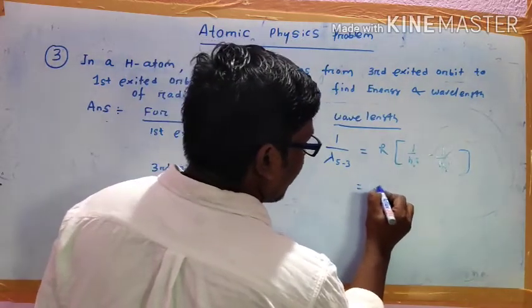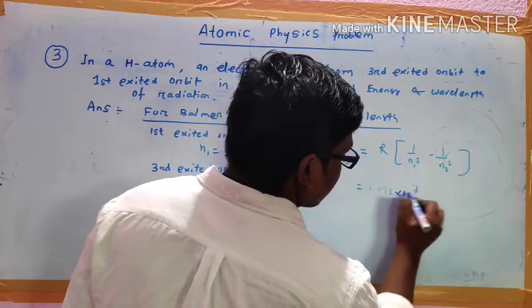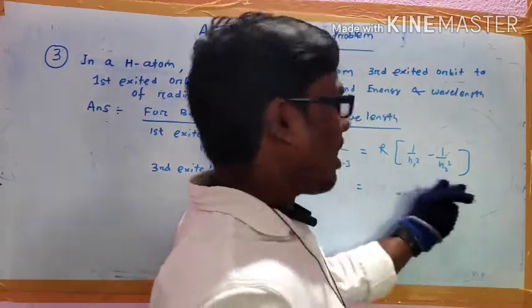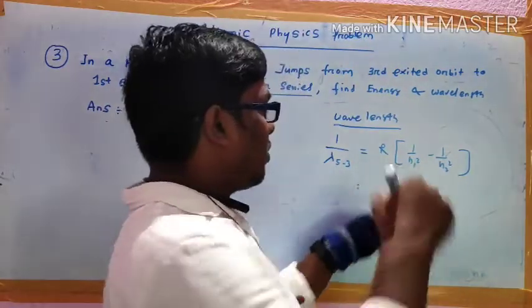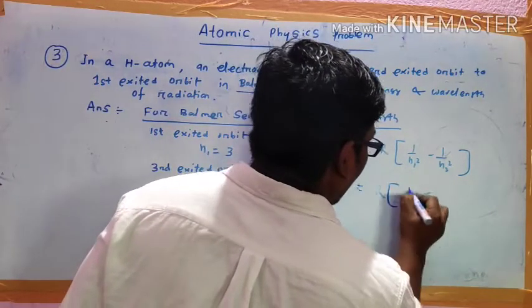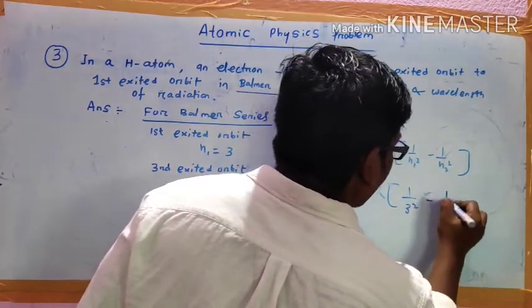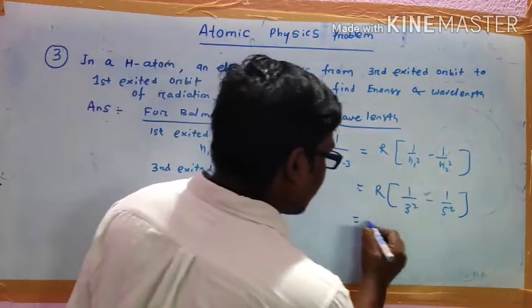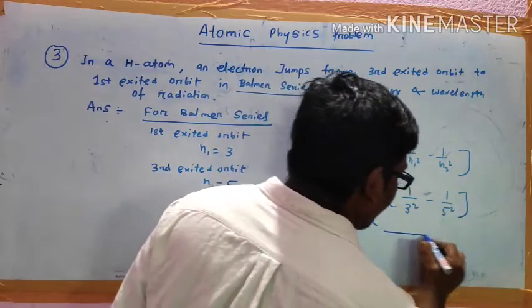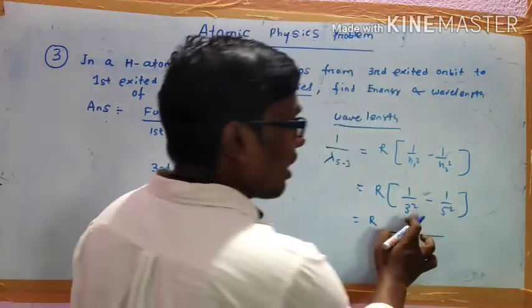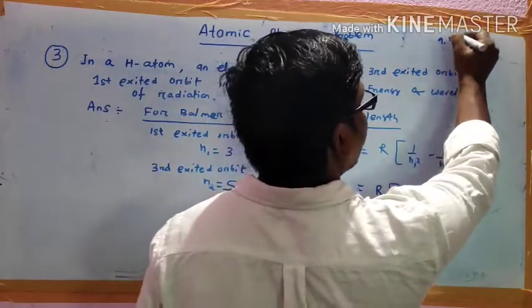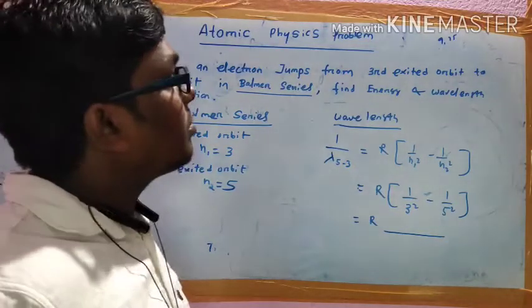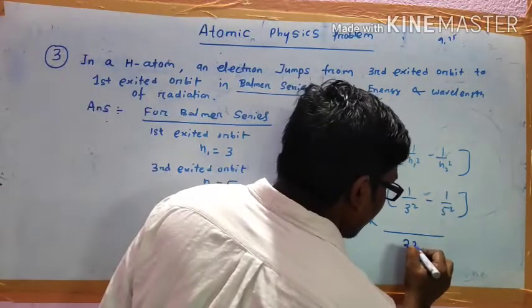R is equal to 1.093 into 10 to the power 7. Sorry, take R for now and at last we will put the value of R. 1 by 3 square minus 1 by 5 square. So this becomes R into 1 by 9 minus 1 by 25, and the LCM becomes 225.